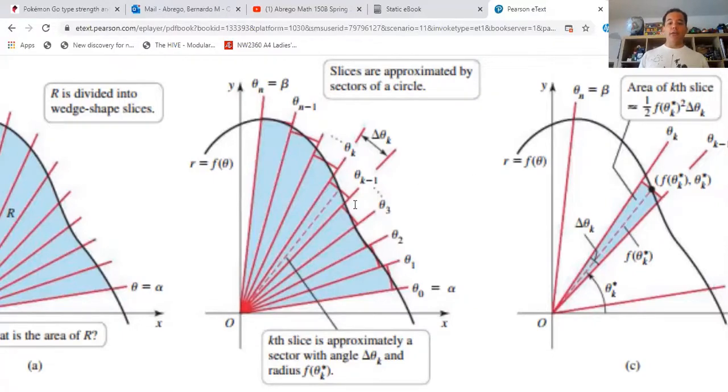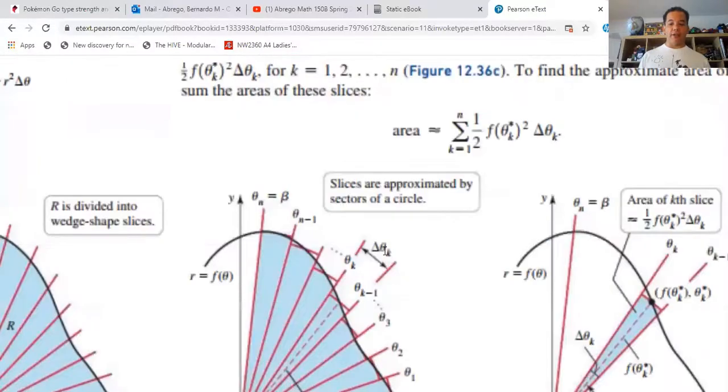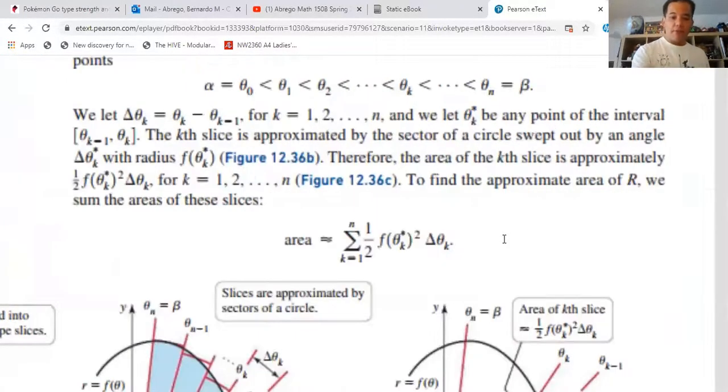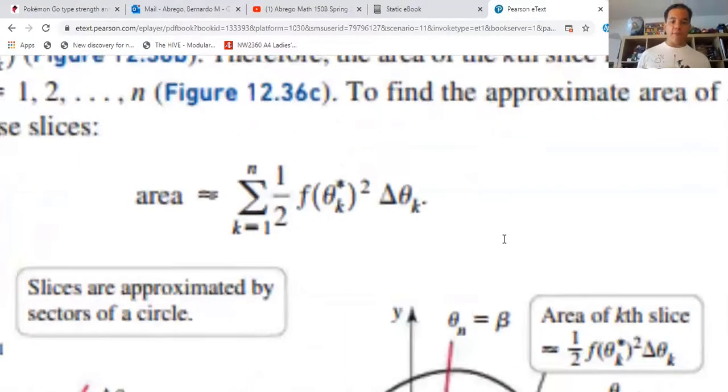All right? So what is going to be the approximation? What is the sum of all of these areas? And it's written right here. So the area approximated by these slices will be when I add up all of the slices. And adding up all of the slices means doing 1/2 of f of the angle that we chose to figure out where to cut the slice, squared, times the little angle.